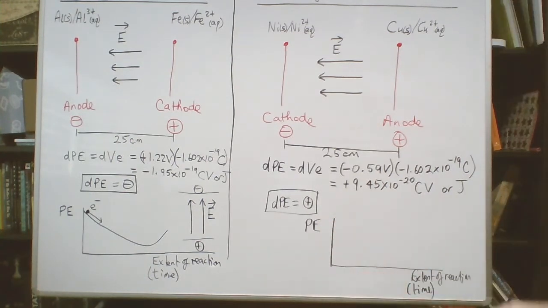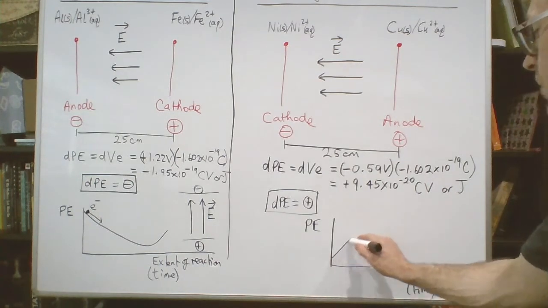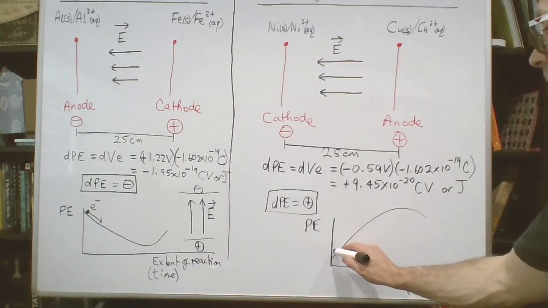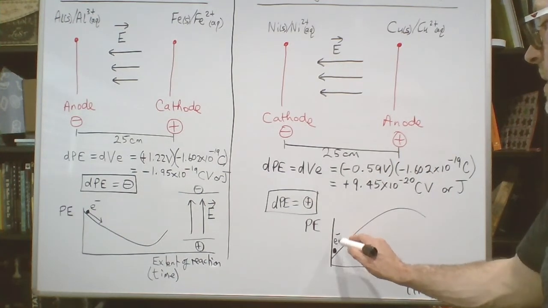Then I want to represent a positive potential energy curve. So I could draw something like this, where over time I've got my little test object, which here is an electron.